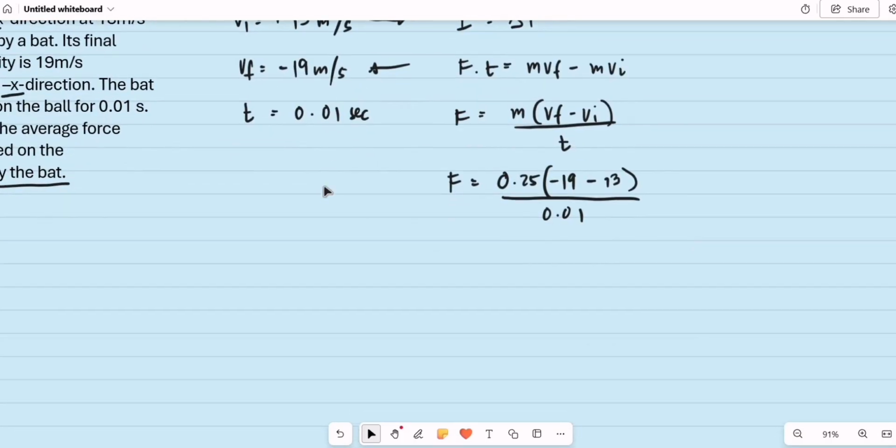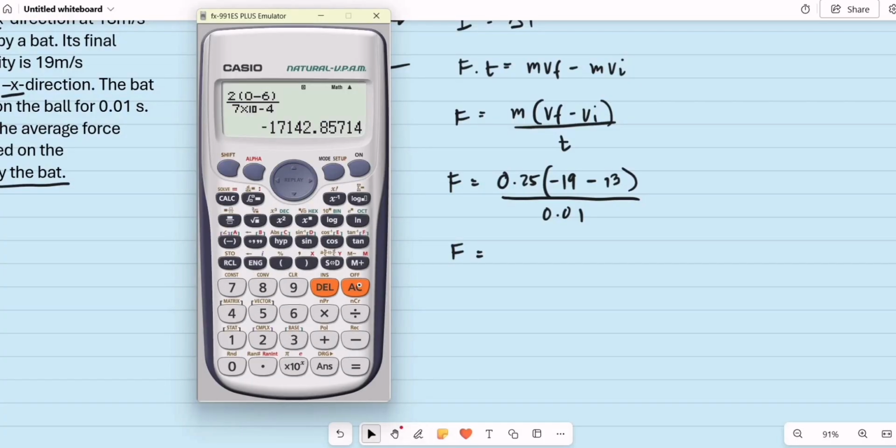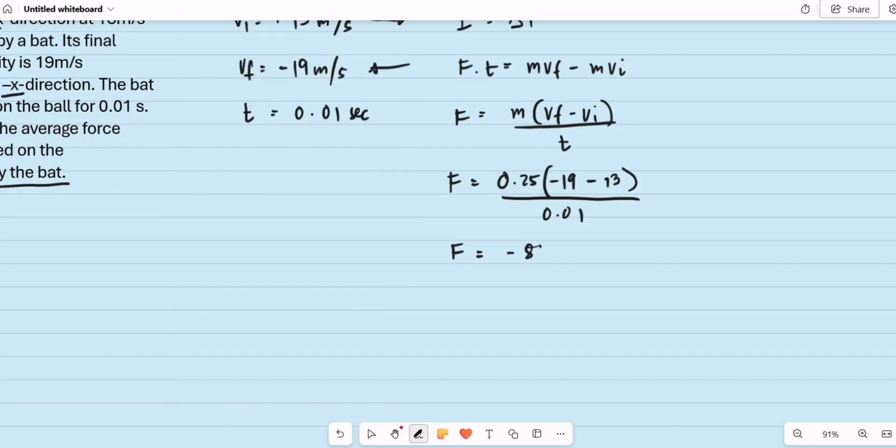So this is the average force exerted by the baseball bat on the ball. The force is equal to 0.25 multiplied by negative 19 minus 13, divided by 0.01, which is equal to negative 800.